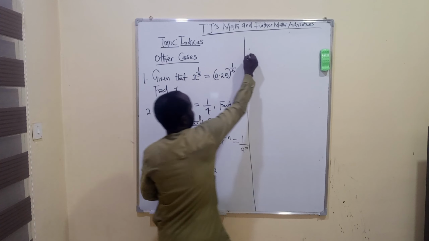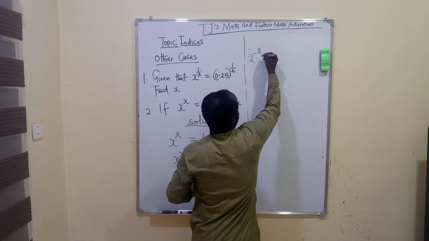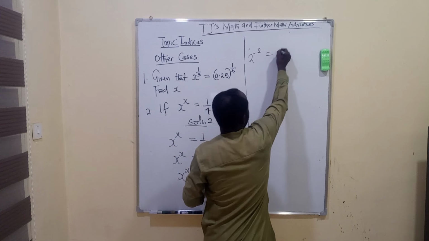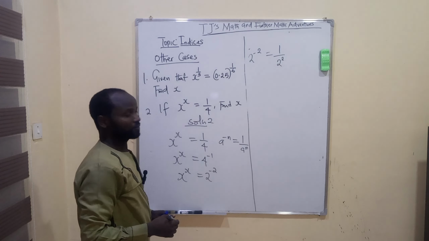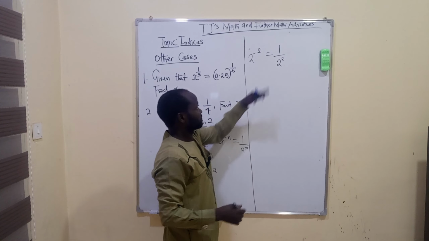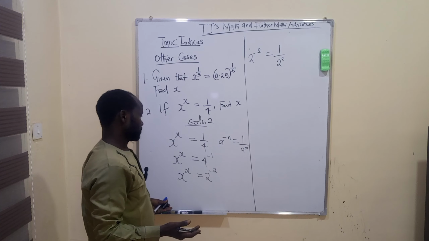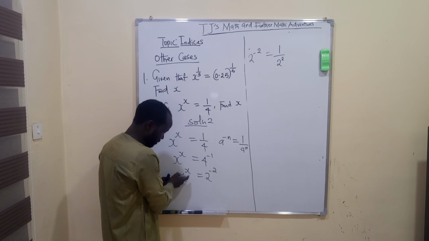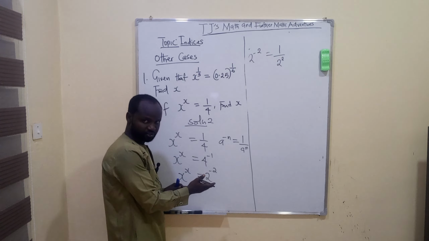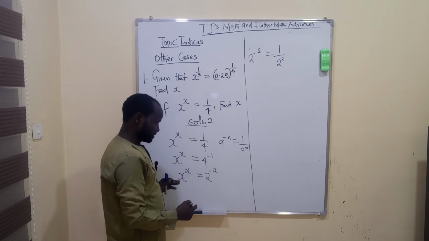I can write 2 power minus 2, which is 1 over 4, as 1 divided by 2 power 2, because this will still give me 1 over 4. Since the bases are the same, we can equate their powers.